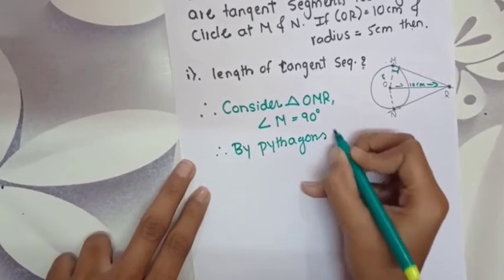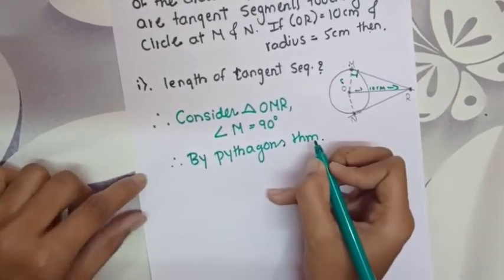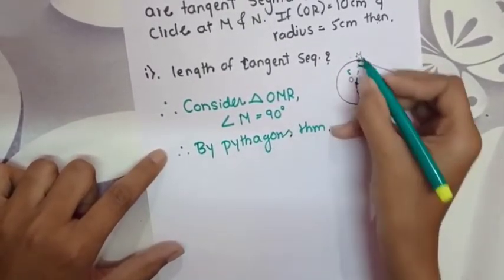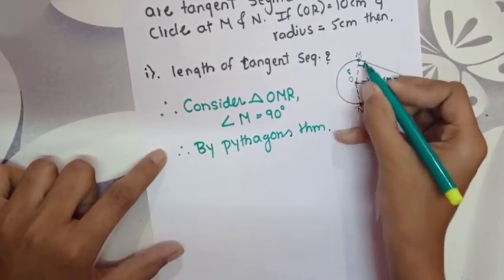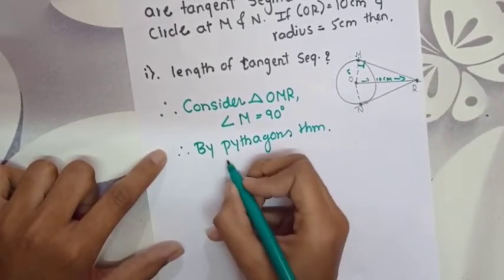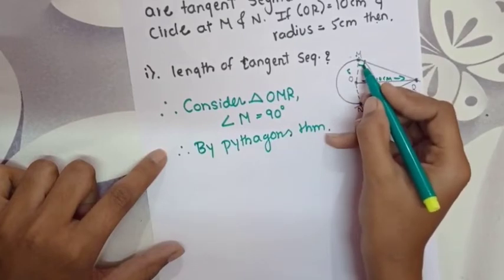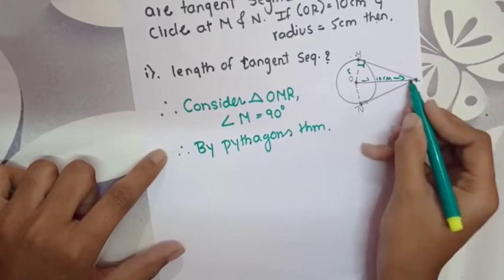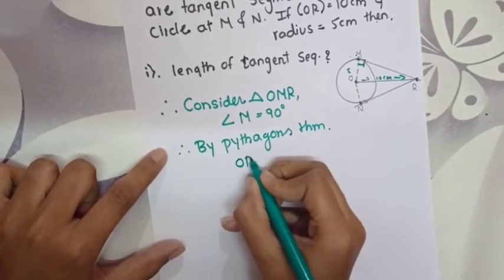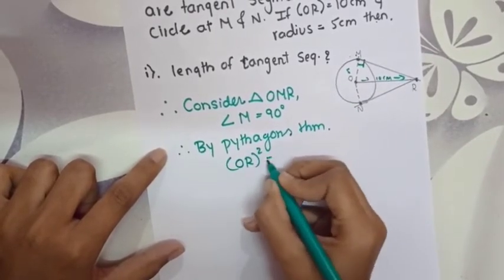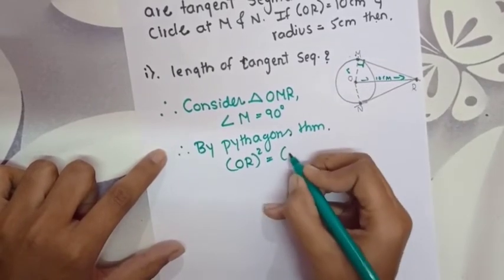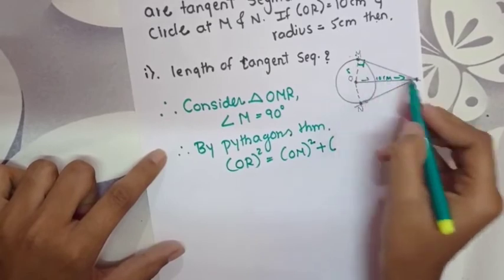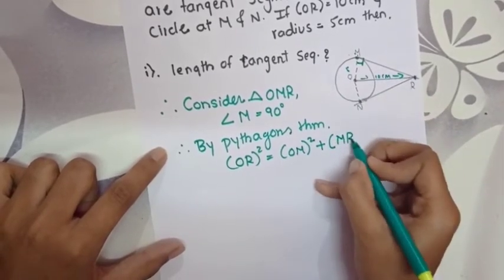Therefore, by the Pythagoras theorem applied to triangle OMR, the side opposite to the right angle is OR, so OR squared is equal to OM squared plus MR squared.